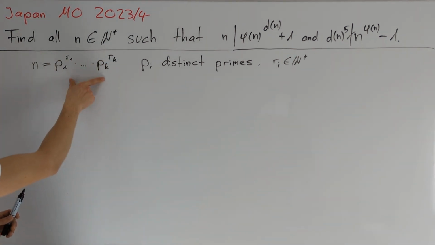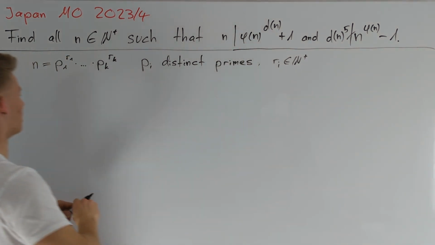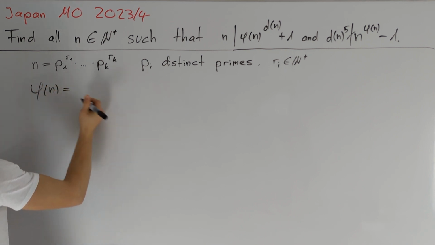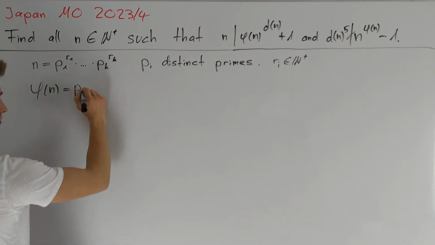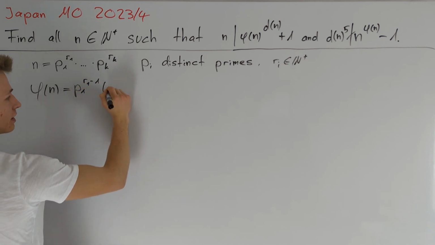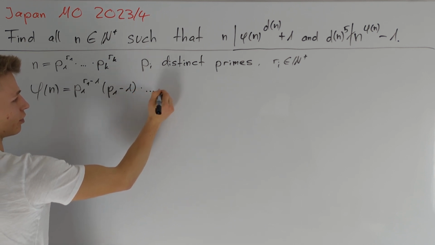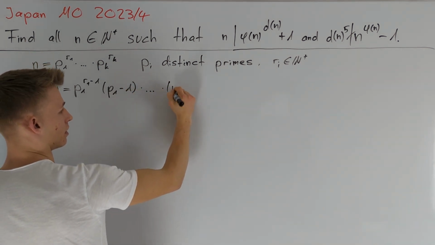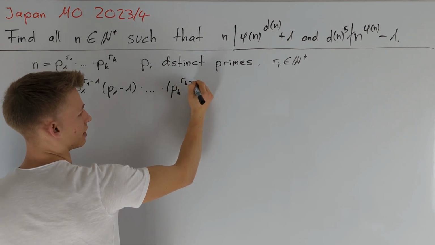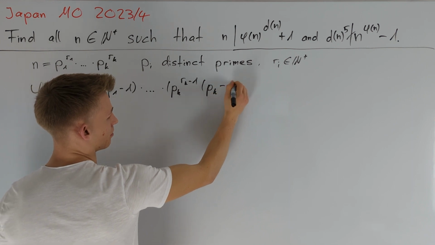From this prime factorization we can directly calculate phi of n, because phi of n is equal to p1 to the power of r1 minus 1 times p1 minus 1 and so on up to pk to the power of rk minus 1 times pk minus 1.